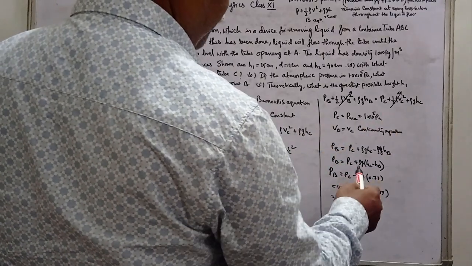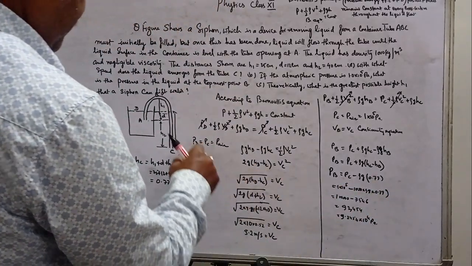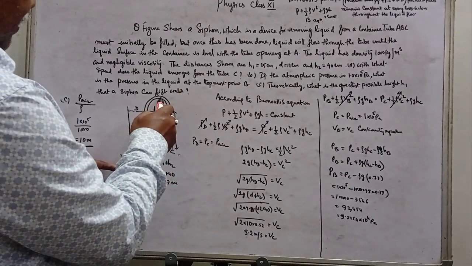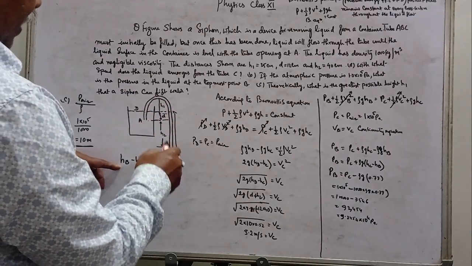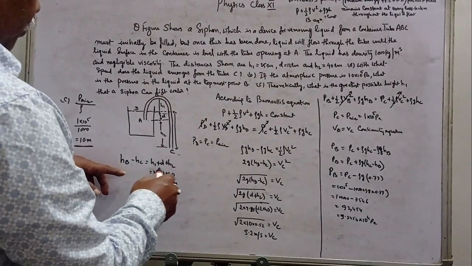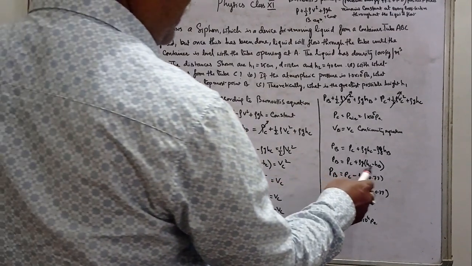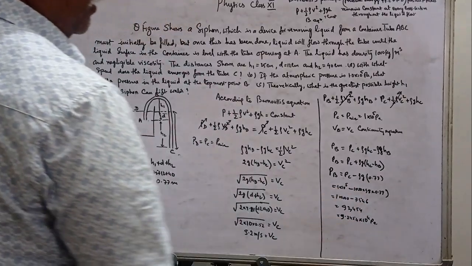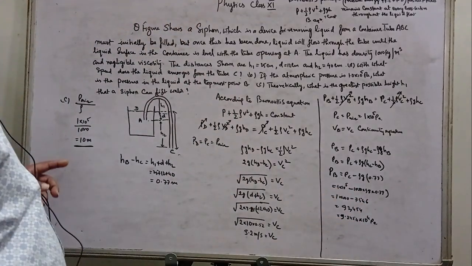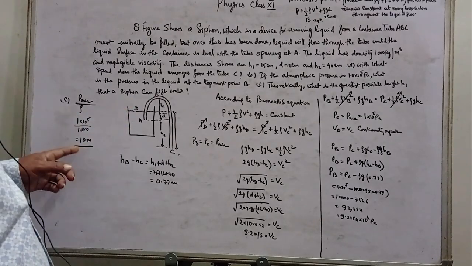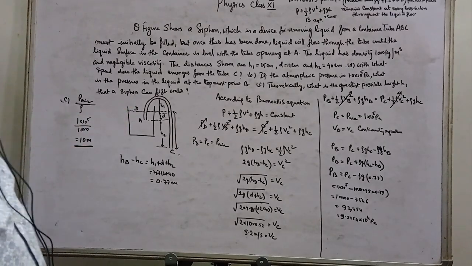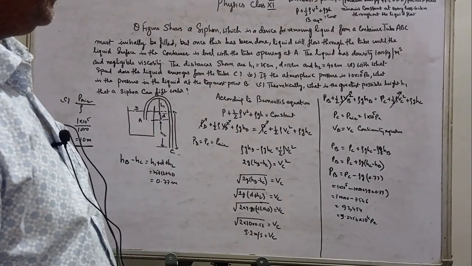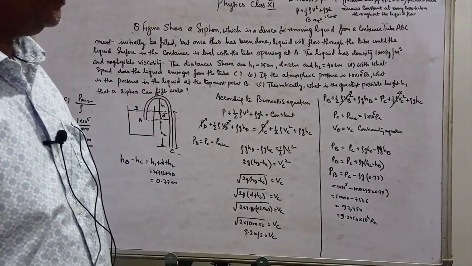The difference in height is HB minus HC, but since it is HC minus HB, it will be minus, and when we place the values we get this much Pascal. And lastly, theoretically you can raise H1 to 10 meter. So this is all about this question, and it is solved on Bernoulli's principle.